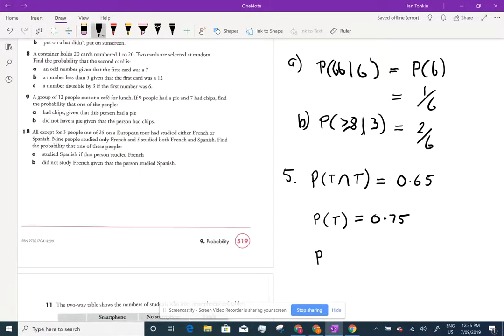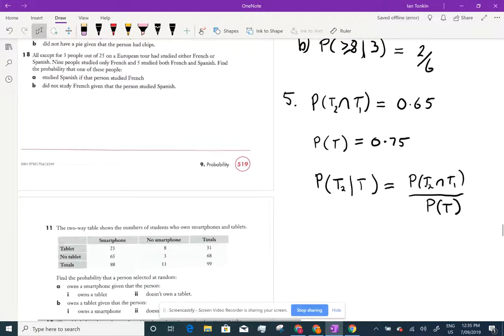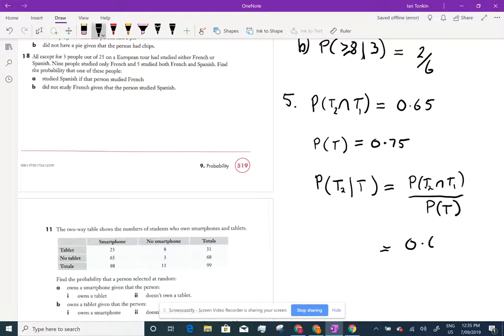Probability that it will hit the second target given, I'm going to call it T2, T1. Well, that's the probability of target 2 intersection target 1 over the probability of hitting a target. So it's 0.65 over 0.75. I need to get my calculator out.